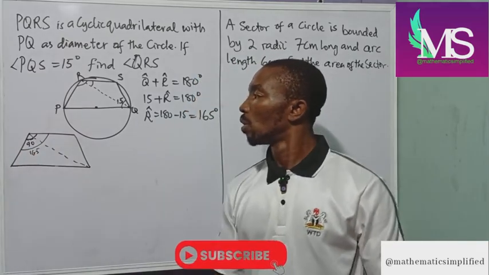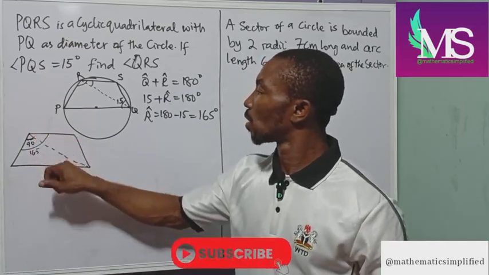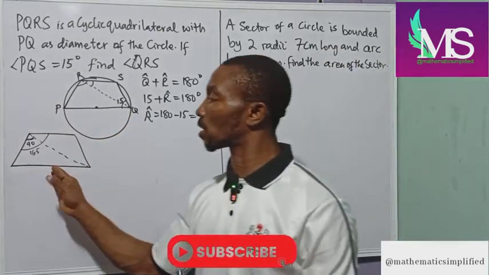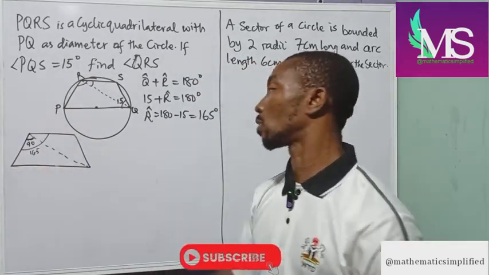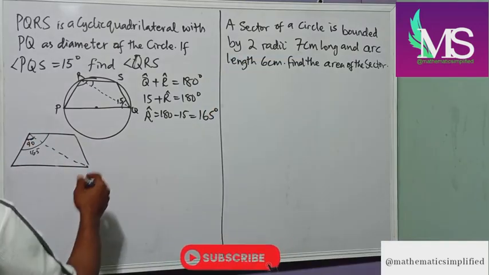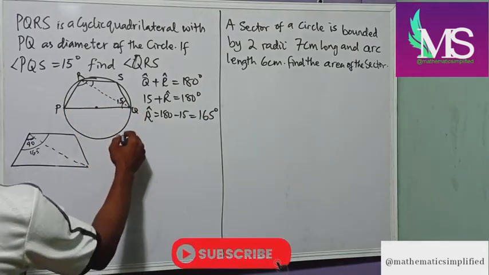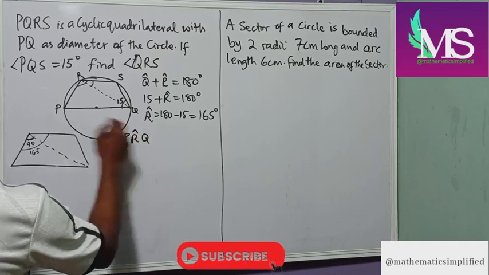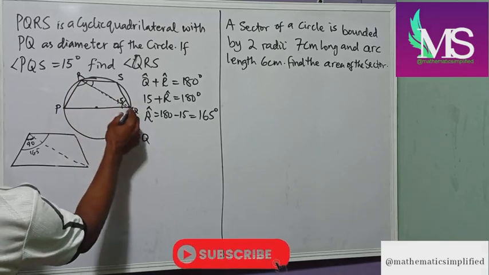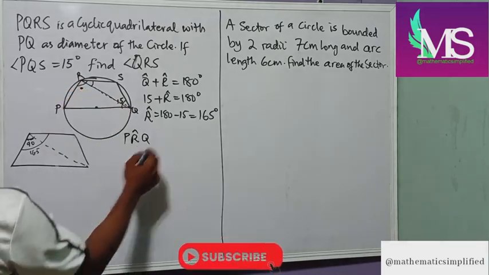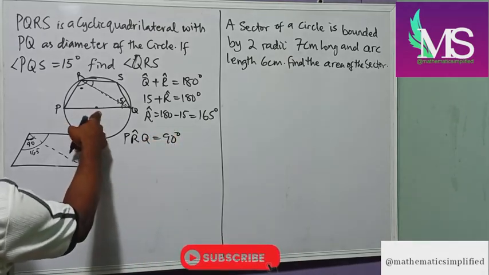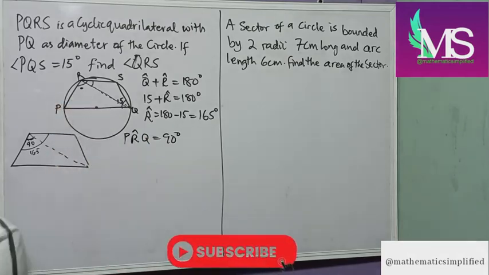Bearing in mind our theorem that angle at center is twice angle at circumference, this becomes PRQ. This angle here, PRQ, becomes 90 degrees. Reason: angle in a semicircle, angle at center is twice angle at circumference.